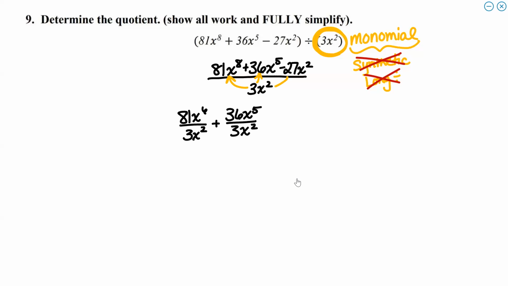No, I have to distribute over here also. So minus 27x squared over 3x squared. I do this only with monomials.